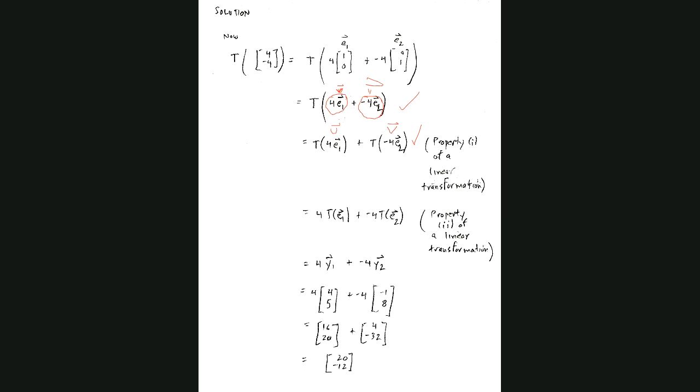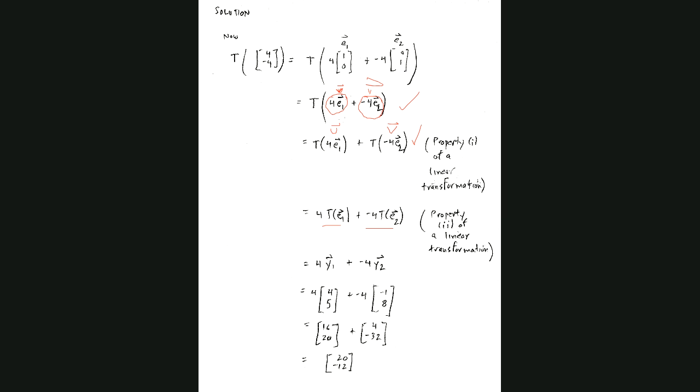Now what property are we going to use? We've got to do a little bit more here. Can we factor out the constants from the transformation? That's right, Solomon. Robin's right, Binyam's right. Absolutely, we can do that. By the second property of a linear transformation, we get 4 times the transformation of E1 plus negative 4 times the transformation of E2.